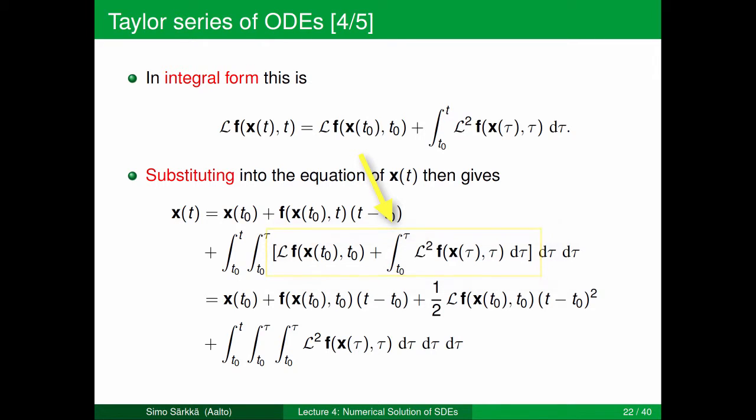If we now open it up, we will get that x t is equal to x t0 plus f of x t0, t0 times t minus t0, which we already had before, but now the new term is half times L applied to f of x t0, t0 times (t minus t0) to the power 2, plus then a triple integral, where the integrand is L to the power 2, meaning L applied 2 times to f of x tau, tau.